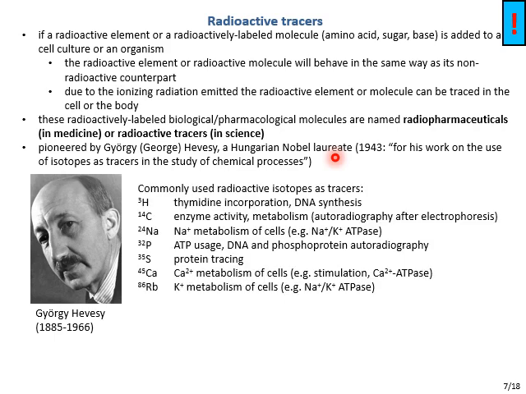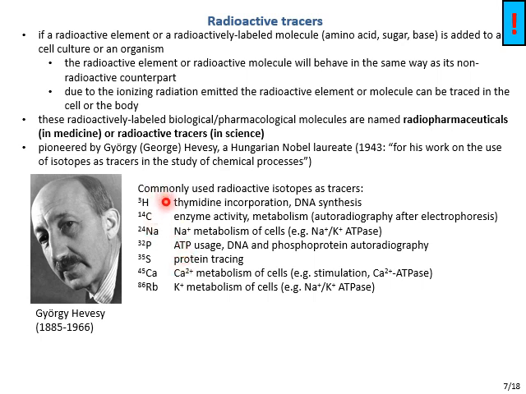And at the bottom of the figure, you can see a couple of examples of what kind of radioactive isotopes can be used as tracers. You don't have to know these examples. These are just for demonstrating the principle.